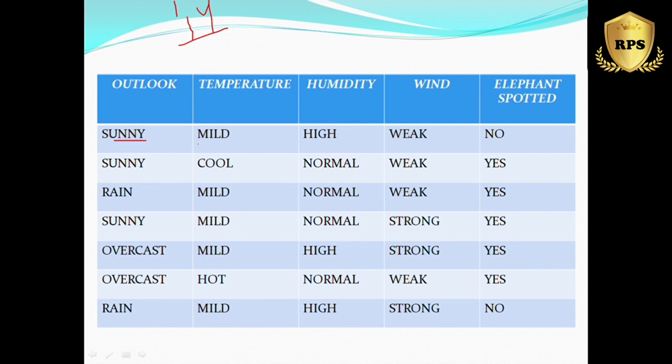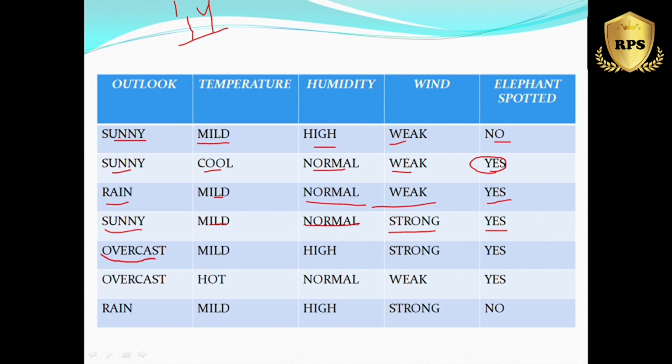Sunny outlook, mild temperature, high humidity, weak wind, no elephant. Here sunny outlook, cool temperature, normal humidity, weak wind, elephant is spotted. Rain outlook, mild temperature, normal humidity, weak wind, elephant spotted again. Sunny outlook, temperature is mild, humidity is normal, and strong winds are going on, elephant has again been spotted.